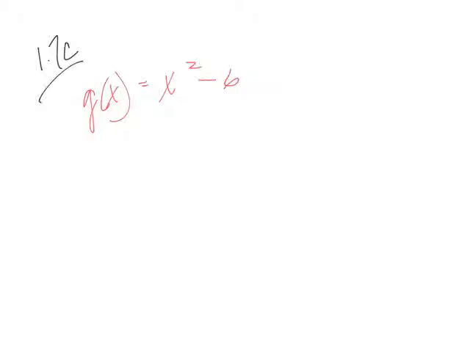Now, according to bottom of page 152 in that blue box there, it says the second part, the graph y equals f of x minus b is the graph y equals f of x shifted down.